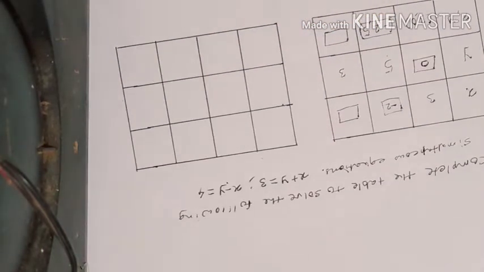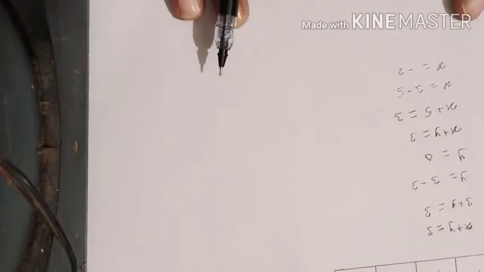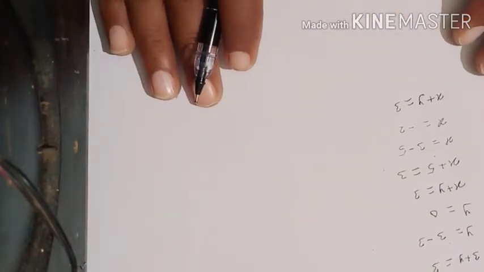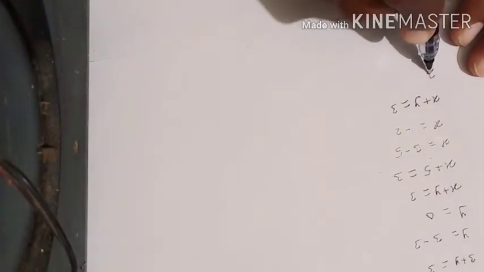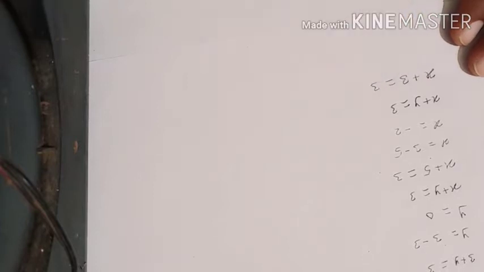Now, in the third box, the value of y is given to you. Therefore, we will write the equation and calculate the value of x here. The value of y is 3, and I will write x plus y is equal to 3. This is the equation, and the value of y is given to you. Therefore, I will write x plus 3 is equal to 3.